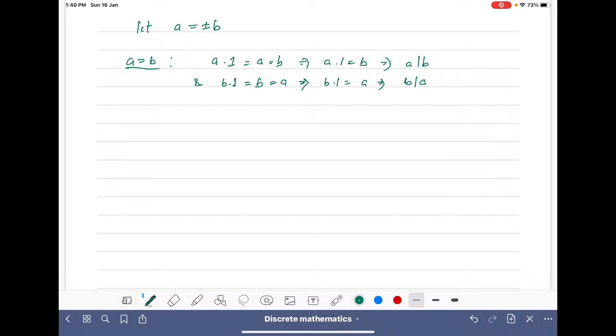So we got our result that a divides b and b divides a when a equal to b, and when a is equal to minus b, we can do it similarly. A multiplied by minus 1 will give us minus b into minus 1, which is b.